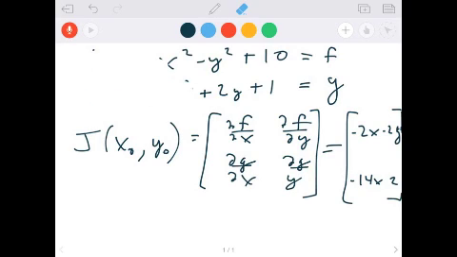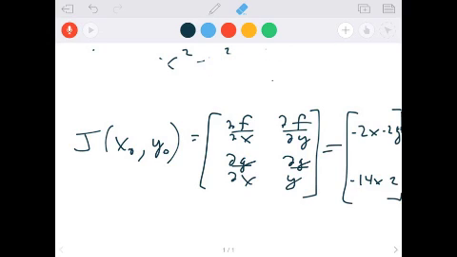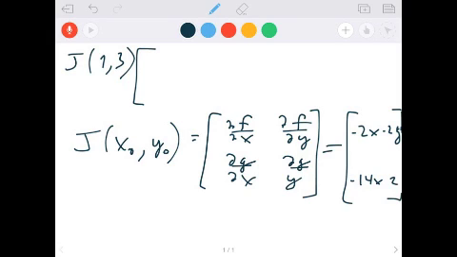Now we're just going to make some simple linear systems with these using our equilibrium points. So let's see what J of 1, 3 would be. That would give you a linearized system at the equilibrium point 1, 3. Substituting 1 in for x, you'd get negative 2 here and negative 14 down here.